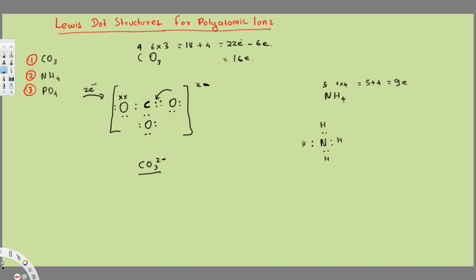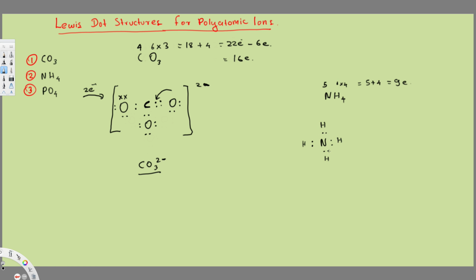But if you look at this, we have 8 electrons used already, and we have 9 electrons in total. We have to put 1 more electron. But hydrogen can have a maximum of 2 electrons, and nitrogen can have a maximum of 8.